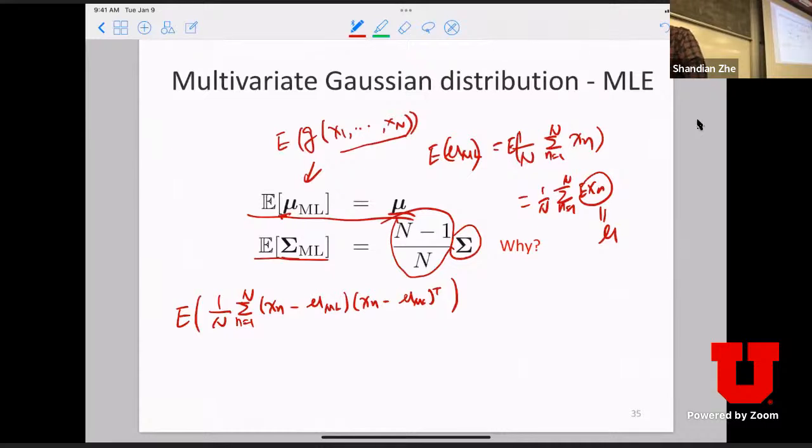One way to show it is to subtract the true mean and add the true mean inside these parentheses. Now try to expand this, and you get four terms. Expand those four terms and then take the expectation, and you will see why you have this extra factor.